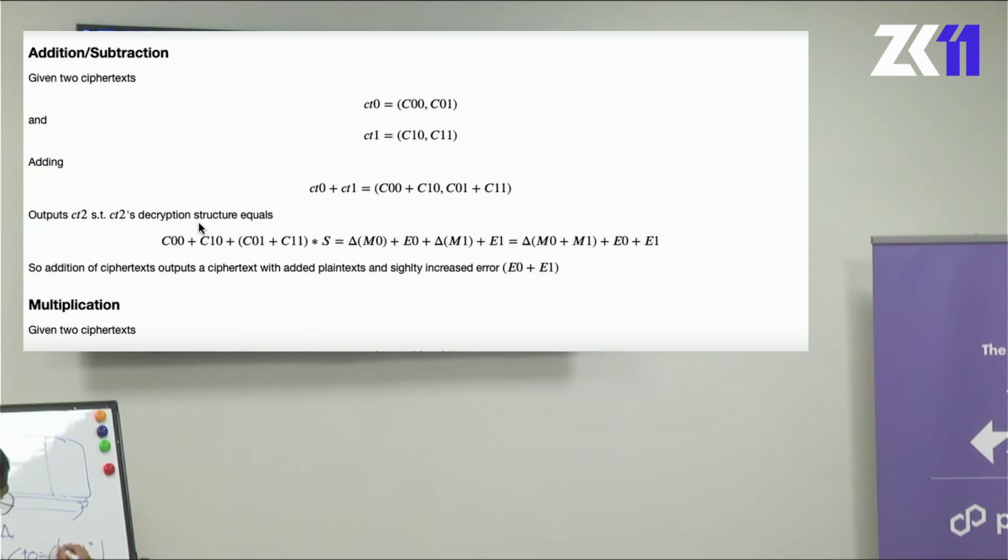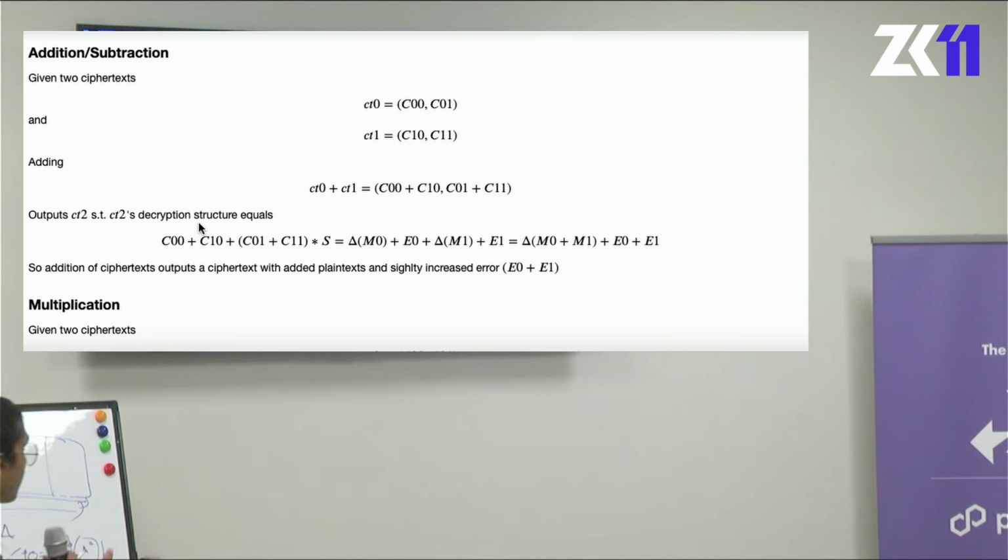Addition is simple addition of these two values. You simply add these values up, you get the addition of the ciphertexts. And subtraction is simple subtraction of these values. These are two polynomials, you add them and subtract them.